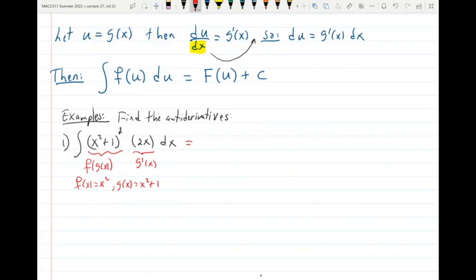According to the theorem, this is supposed to be capital F of g of x, where capital F is an antiderivative of little f. If little f is x squared, what is capital F? We just do a little power rule. The integral of x squared is x cubed over 3.